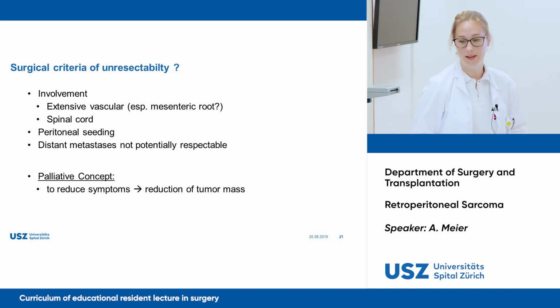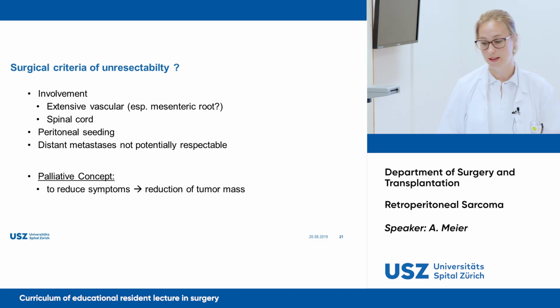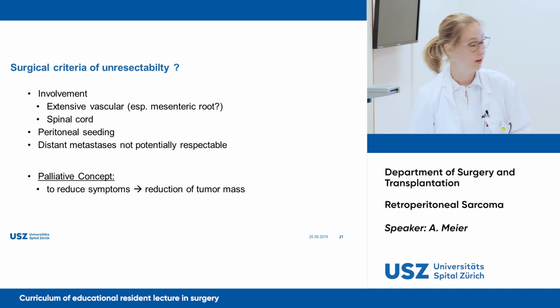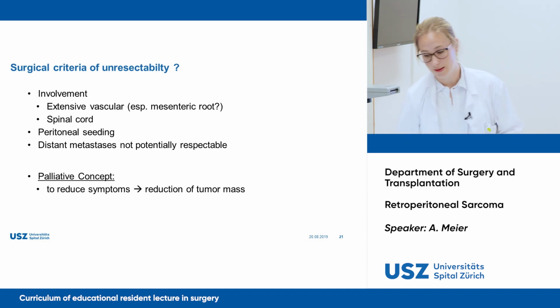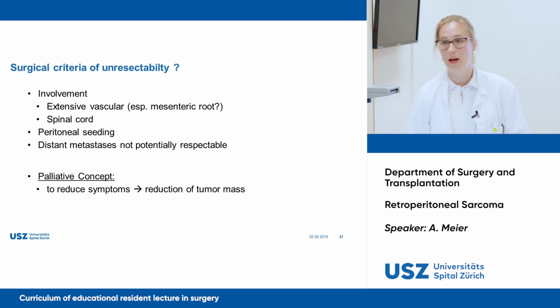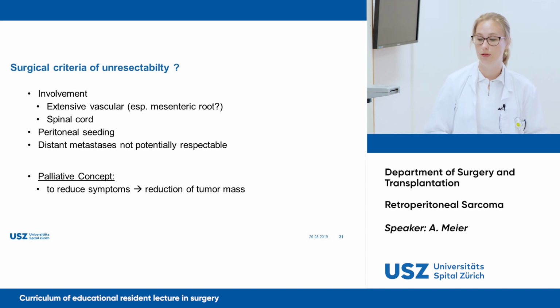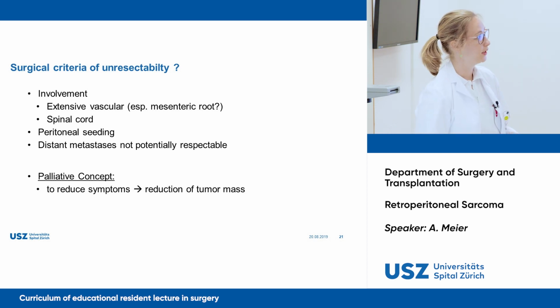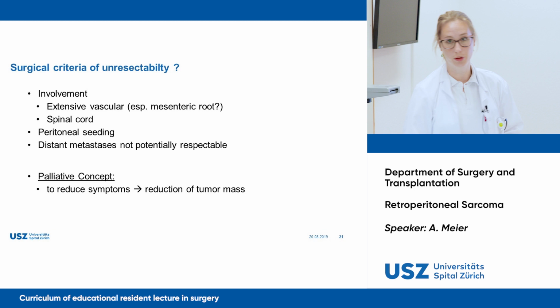If there is peritoneal seeding, there are some studies going on about what to do with it, but sometimes it's not a good idea to go for surgery then. And if there are distant metastases which are potentially not resectable, somehow there are palliative concepts to reduce symptoms because of this huge mass in the abdomen. There is sometimes the indication to do a reduction of the tumor mass.